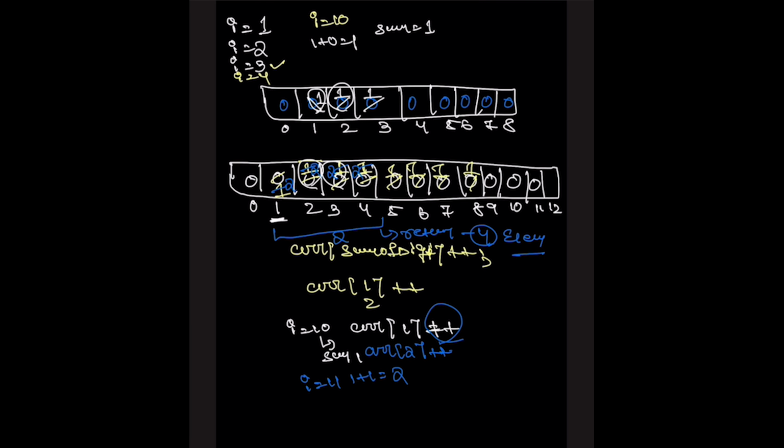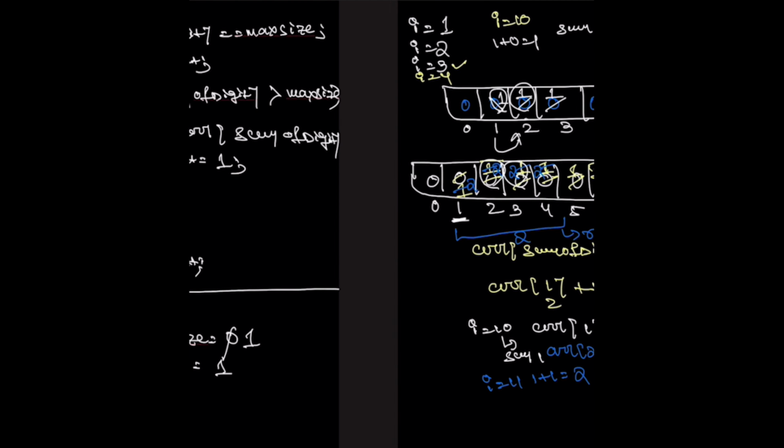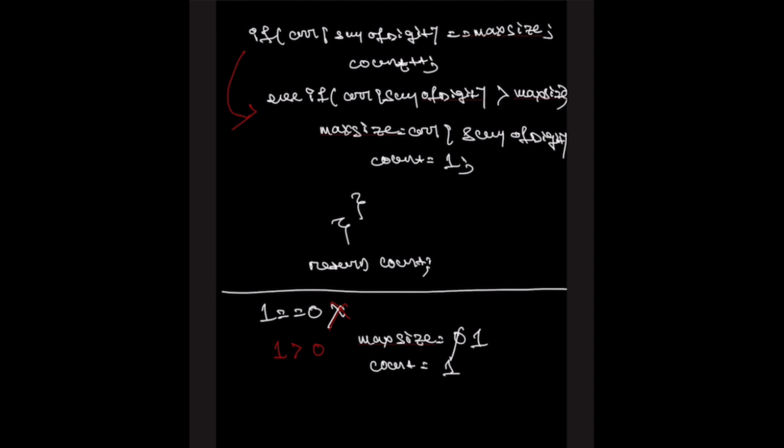Then we move on and check for 2. The arr value at the sum of digit is 1, which is equal to max size reinitialized as 1. Yes, it's correct, so it satisfies this condition. Now count plus plus, count changes to 2.